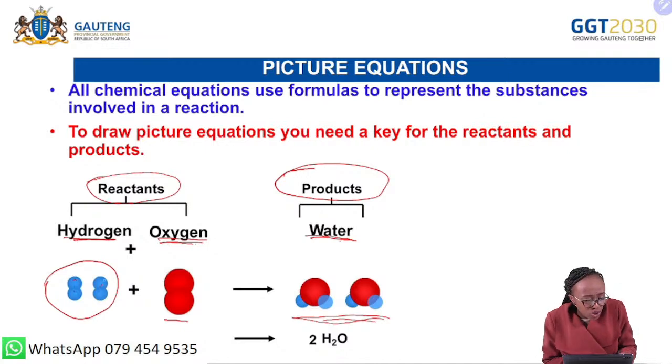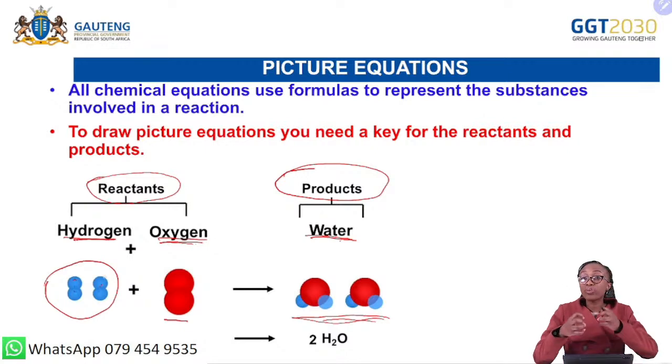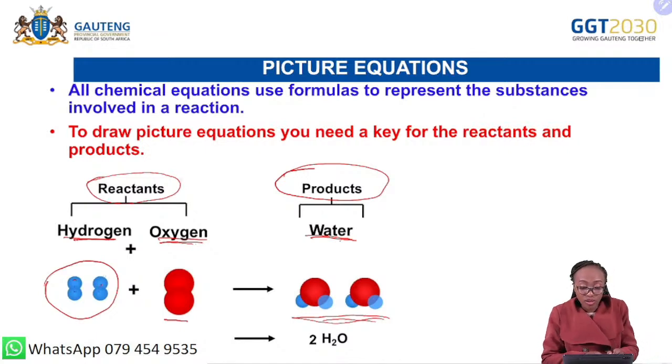So the bonds between the diatomic molecules break on the reactant side, and new bonds are formed. The new bonds are between hydrogen and oxygen, hydrogen and oxygen, hydrogen and oxygen, and hydrogen and oxygen on that side to form our product, which is water.